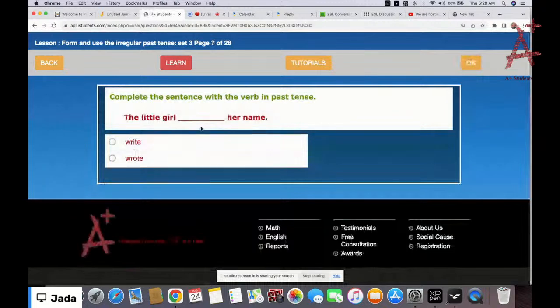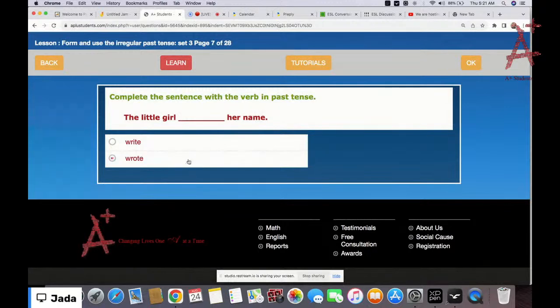Now, the little girl dashed her name. Wrote or write? So what is it? Is it wrote or write? So wrote her name. Okay.